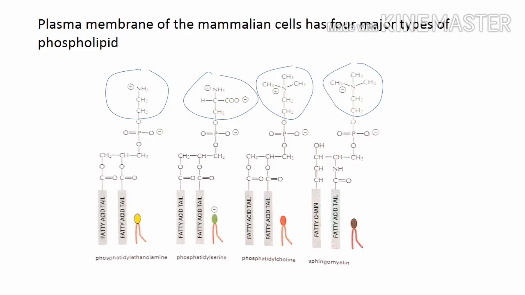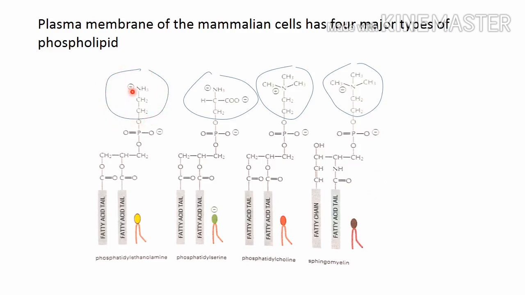This slide shows that the plasma membrane of mammalian cells has four major types of phospholipid. So the basic structural organization of all phospholipid molecules is the same, but there is a slight difference at the R group, that is the side chain or R group of the phospholipid molecule.